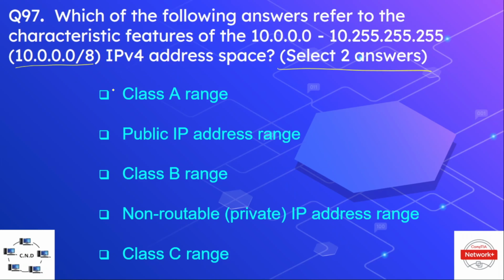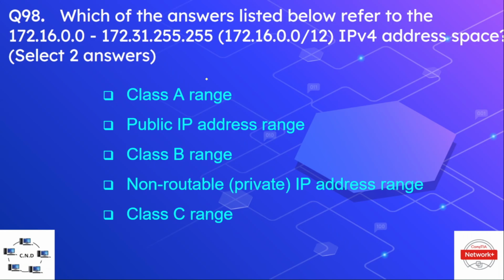And the options are class A range, option B public IP address range, option C class B range, option D non-routable private IP address range, and the last option is class C range. And the correct options are that this is class A range and it is non-routable or private IP address range.